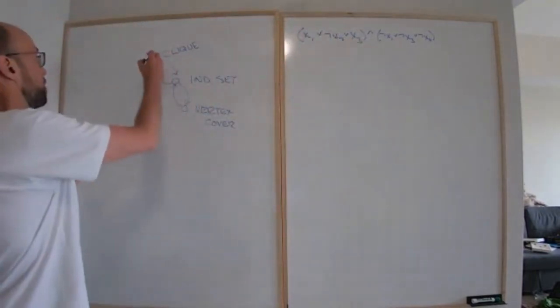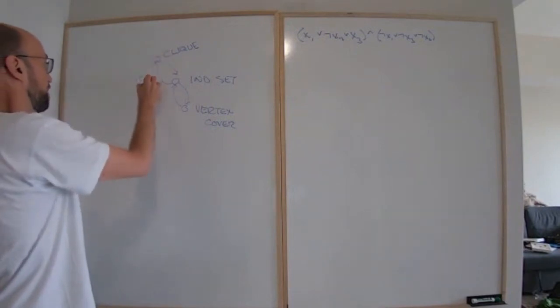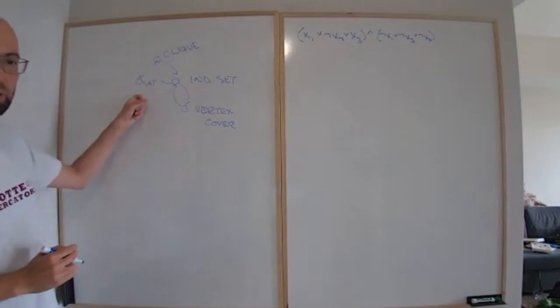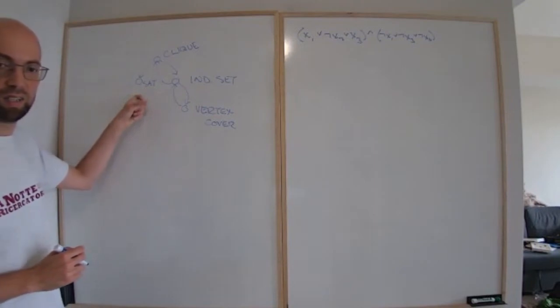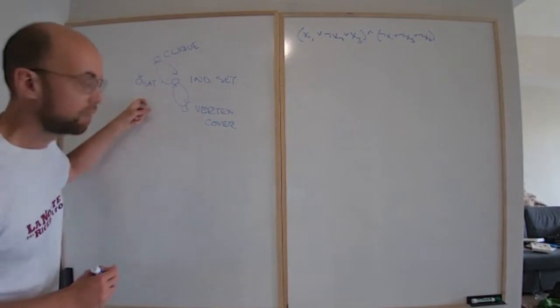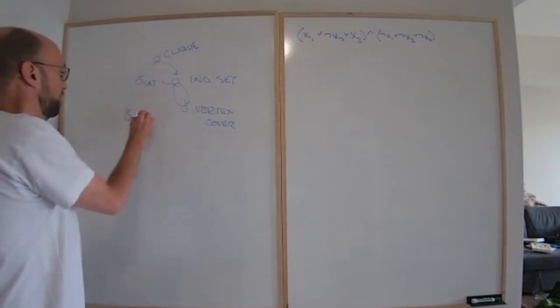And then we saw that you could reduce clique to SAT. Is this big enough for people to see? Anyone? Okay. SAT, you can reduce to 3 SAT.